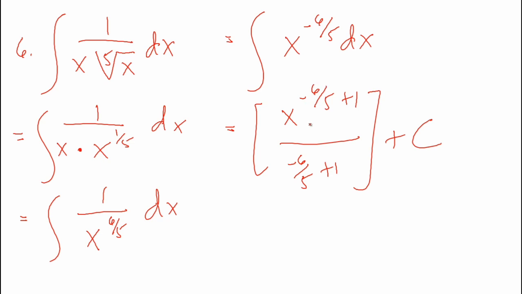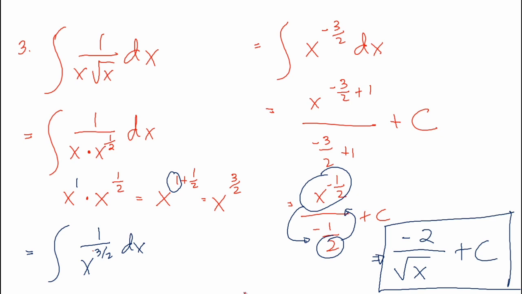So negative 6 fifths plus 1, that's x raised to negative 1/5 over negative 1/5 plus c, and we still have to simplify our final answer. We have to put x raised to the negative 1/5 below to make the exponent positive. This one also goes in the denominator, and it's negative 1/5. Same with what we did on example number 3.